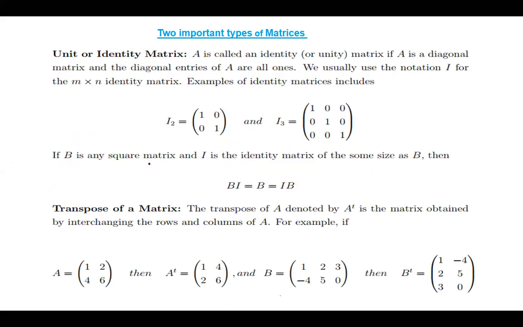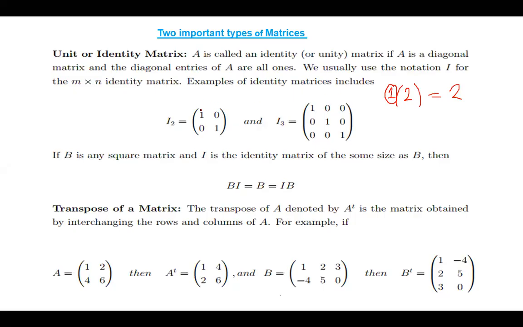The identity matrix is just like a 1 in normal numbers, in a 1 by 1 matrix, it's just 1. So when you multiply this 1 times any number, for instance 2, you still get the same answer 2. So this one is an identity matrix of a 1 by 1 matrix.